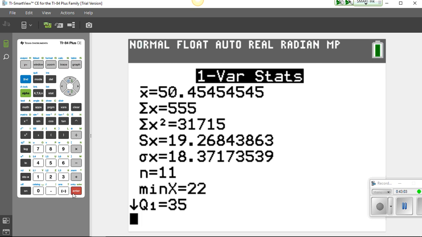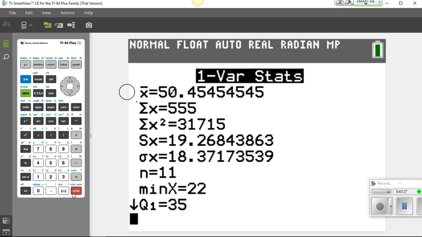So of the 11 cars, they average 50,500 miles driven. What's the standard deviation of that? 19.26, right? So this right here is the x bar. This is the s sub x that we're referring to. Does that make sense?